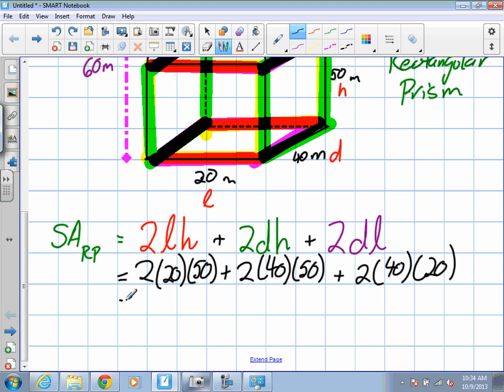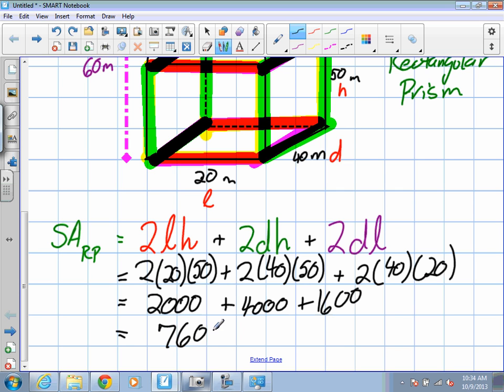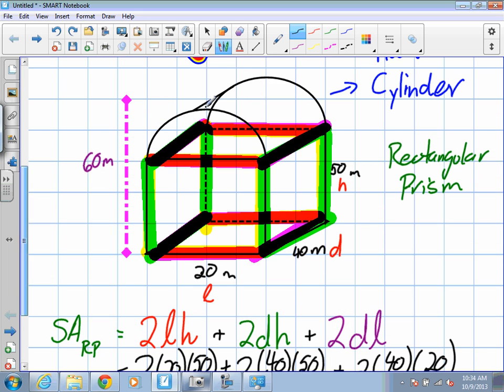This should be 1,000, 2,000. Somebody follow along with the calculator. Sometimes I make errors here. 2,000, 4,000. And 800, 1,600, I think? Yeah. So that means we should have 7,600 meters squared. So that's the surface area of this shape.